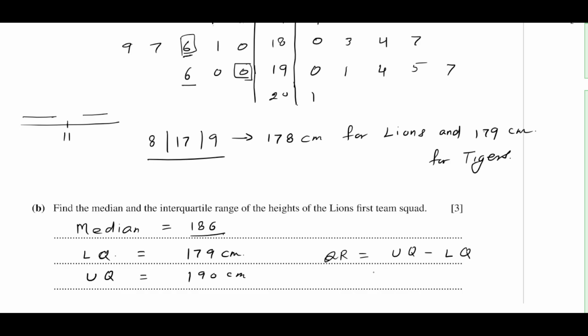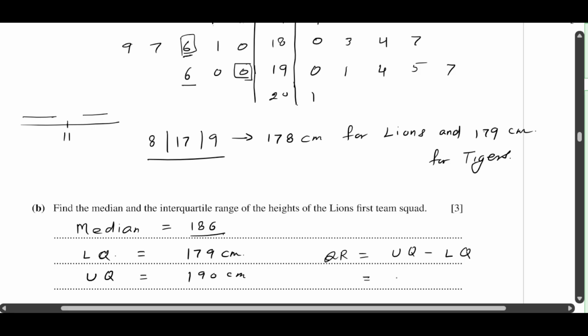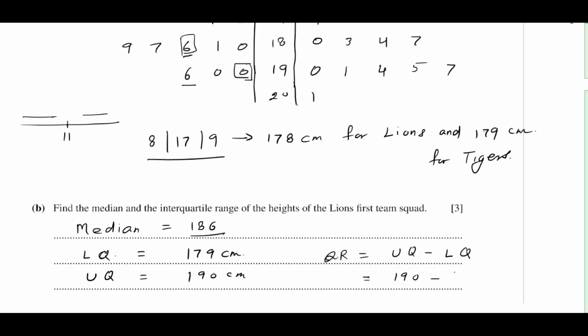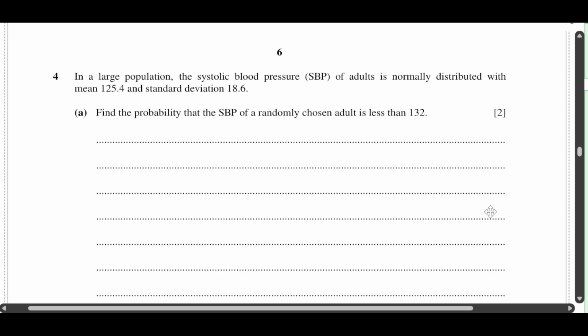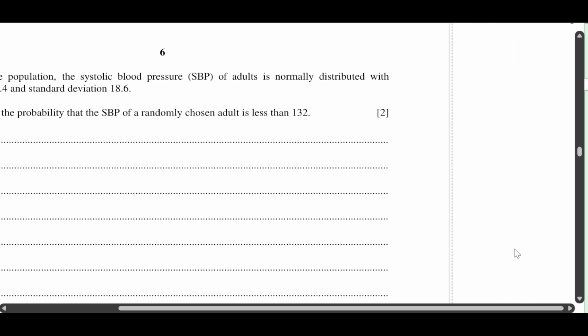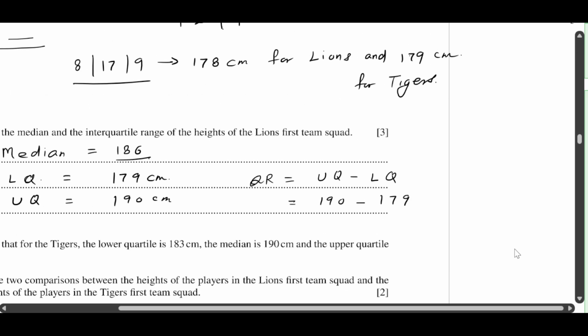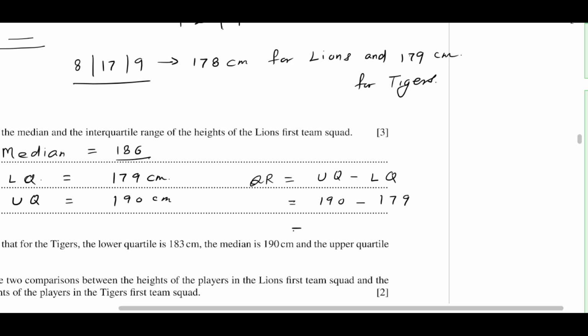Okay, so here the quartile range is 190 minus 179.